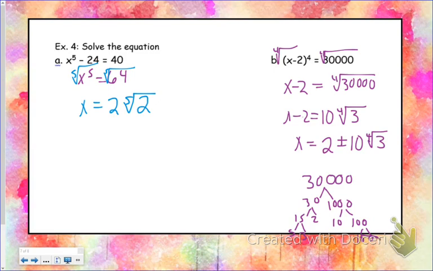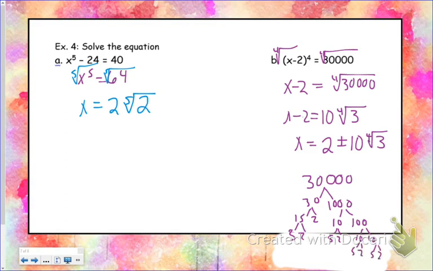So I've got a 5 and a 2 and a 5 and a 2 and a 5 and a 2 and a 5 and a 2. I ran out of space. Let me make this a little easier to see for you guys. There we go. So 5 and 2, 5 and 2, 10 and 10, 5 and 2, 5 and 2.